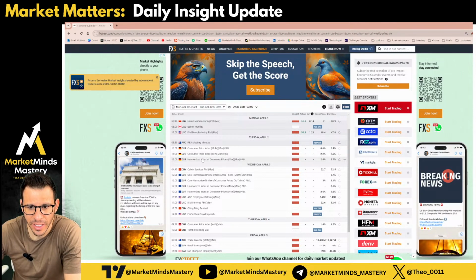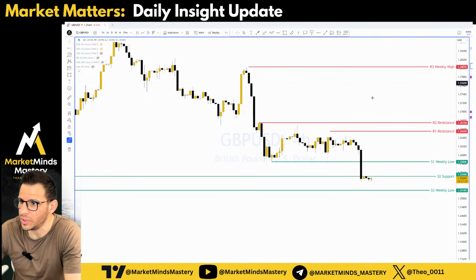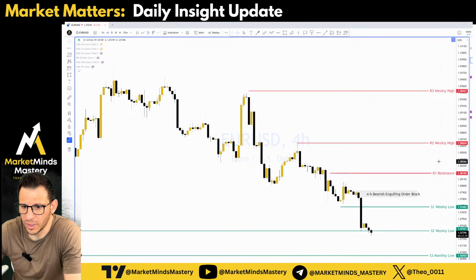The expectation is to see a lower reading later on today based on the forecast, and that will make the euro most likely continue losing value. So let's see what's going to happen after the CPI, and that will reflect on the euro.